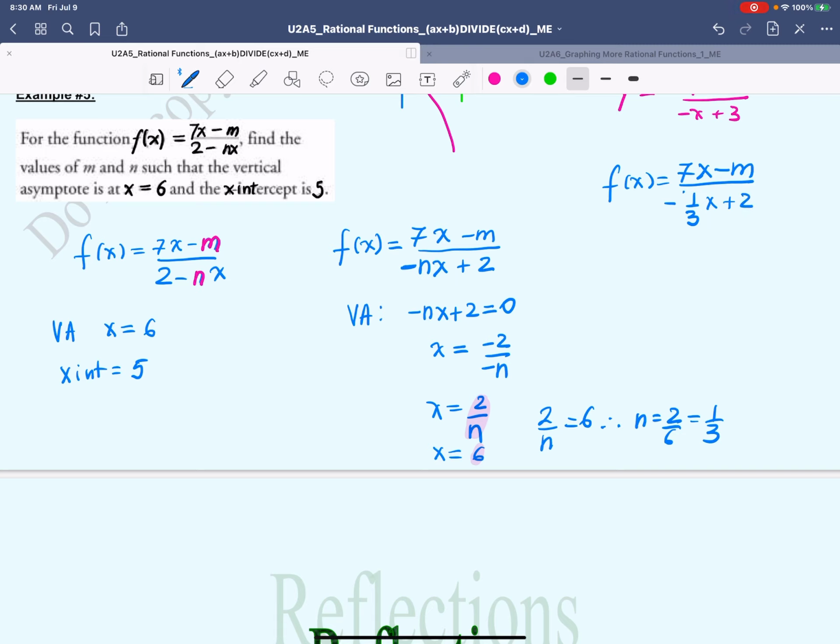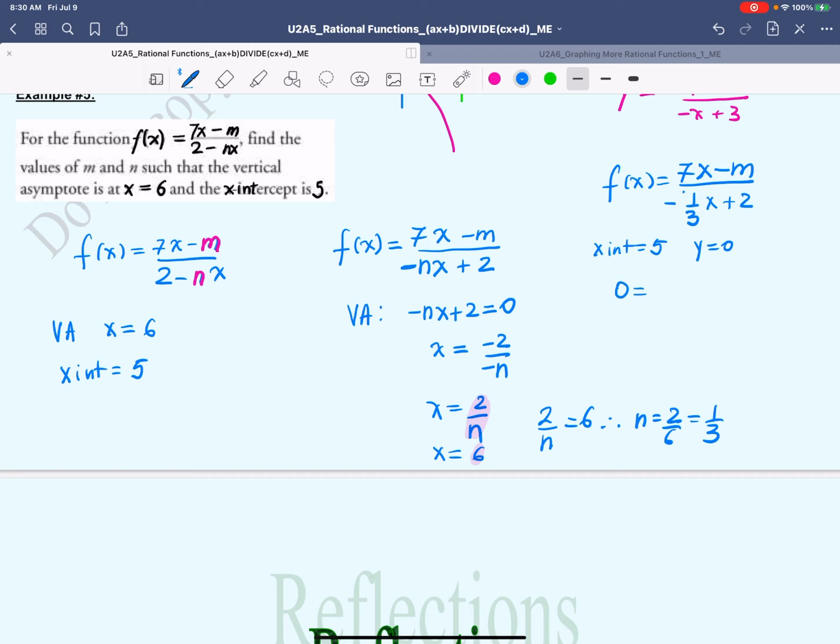So the next thing that we want to do is find the coefficient m. And for this, we're going to use the x-intercept, which is at 5. So x-intercept being 5 tells us that the value y will be 0 at x equals 5.